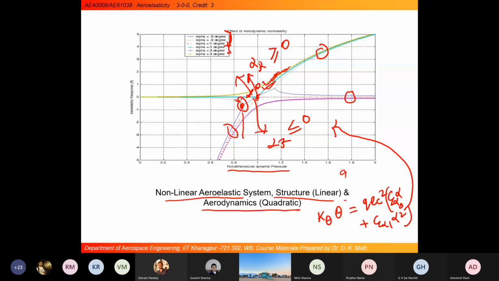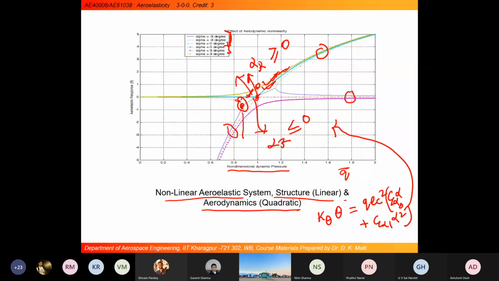So when we are taking alpha equal to 0, the roots all come up to this 0, and then it is increasing.